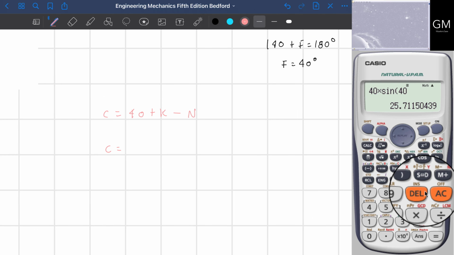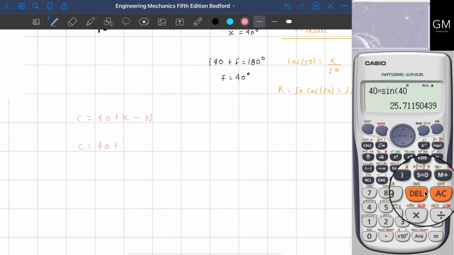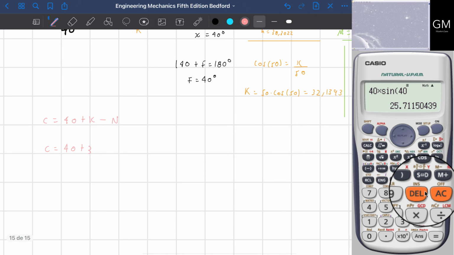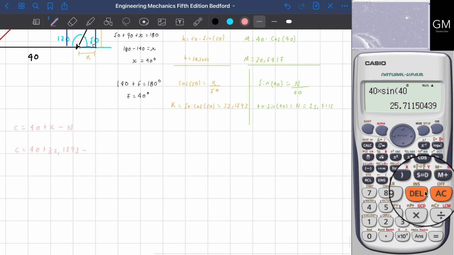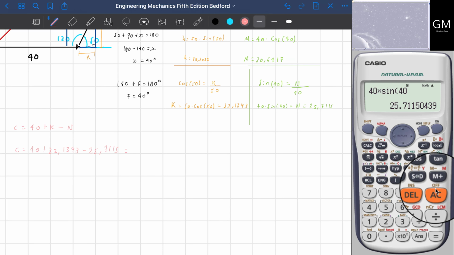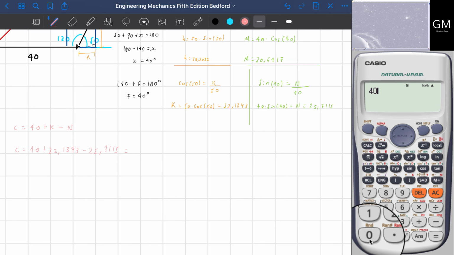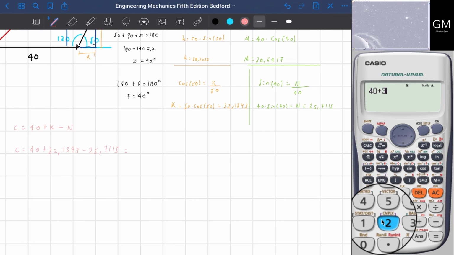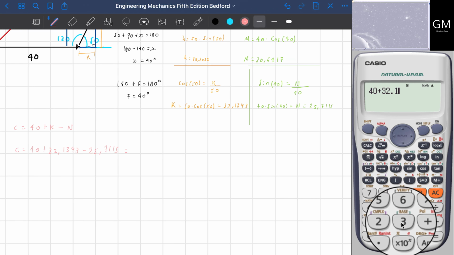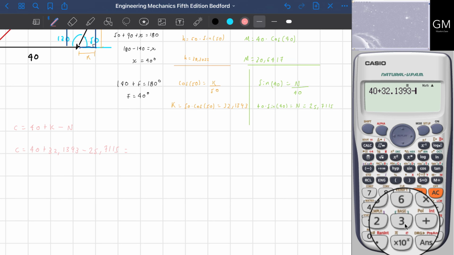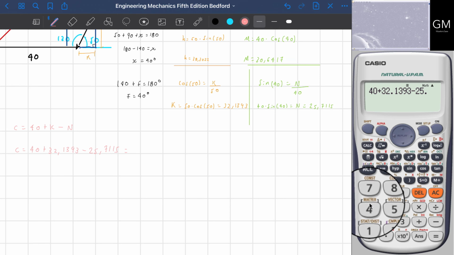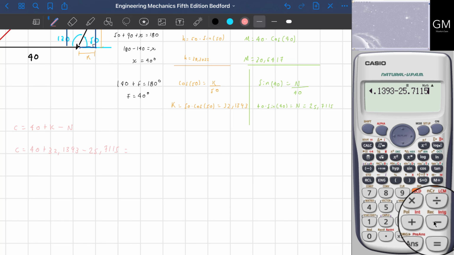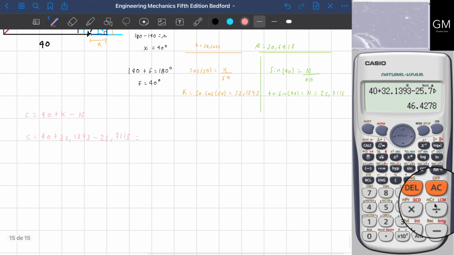So C is equal to 40 plus k, 32.1393, minus 25.7115, and this is equal to 46.4278.